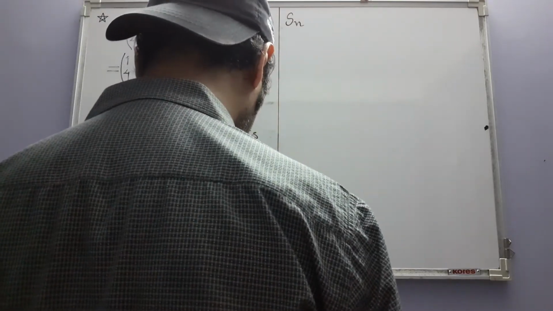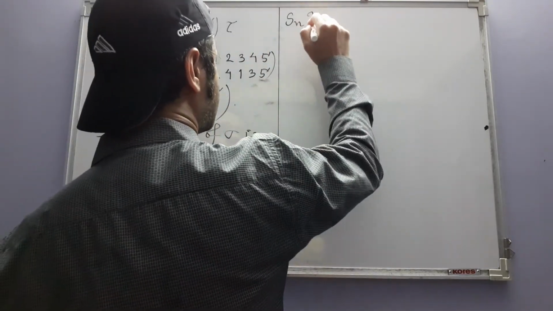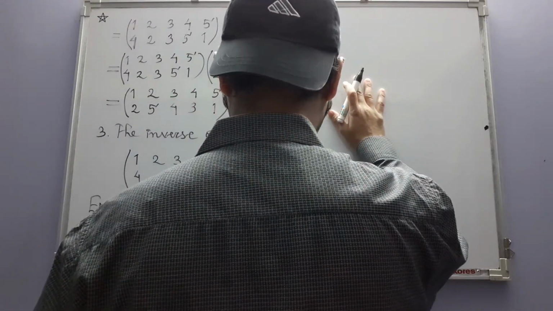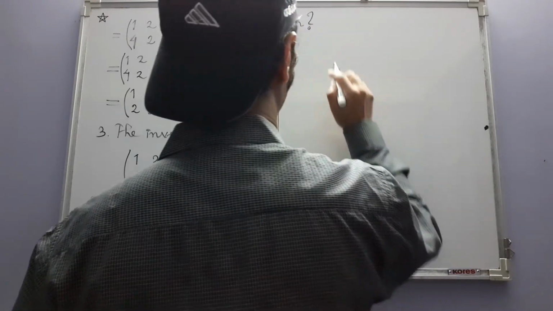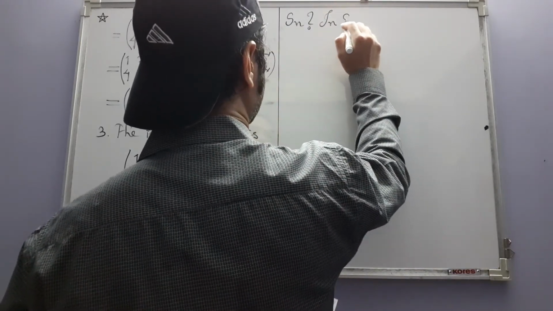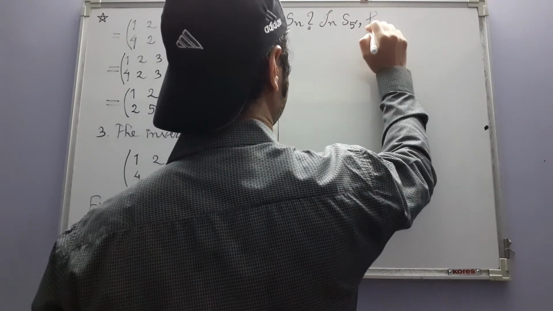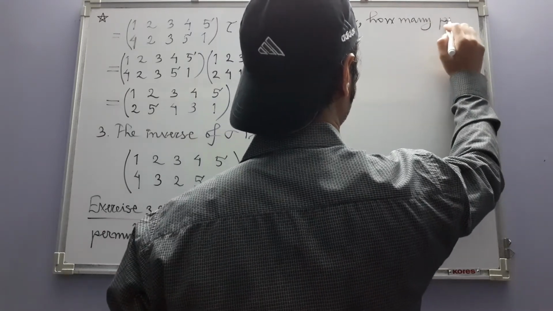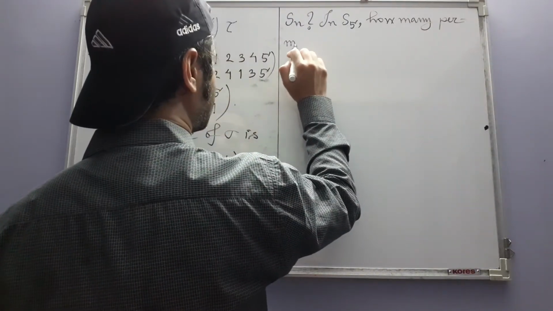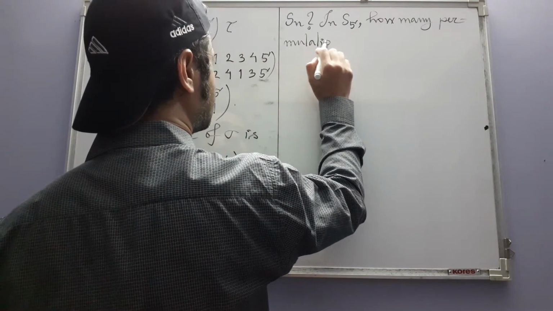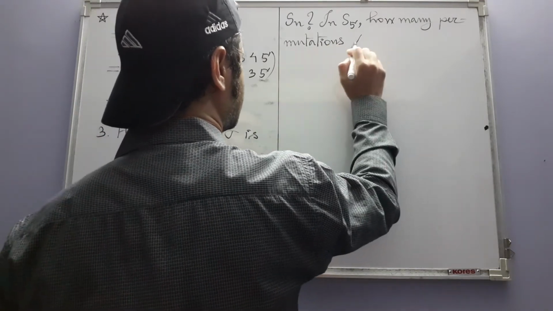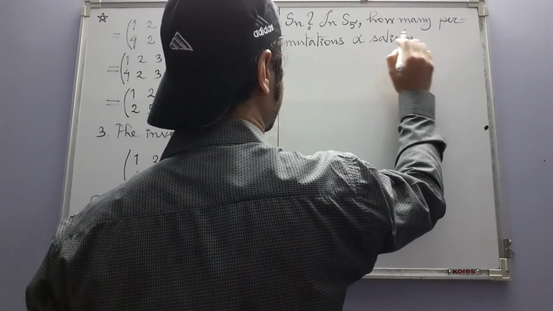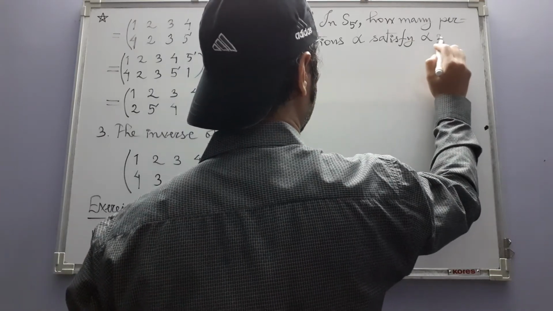In S5, how many permutations alpha satisfy this condition?